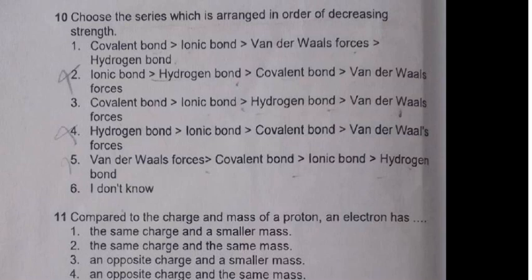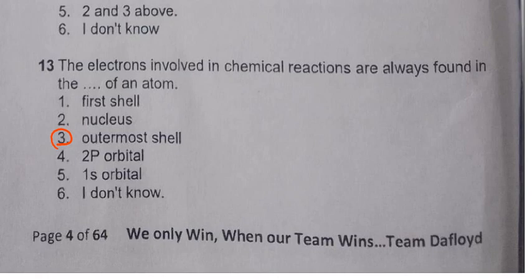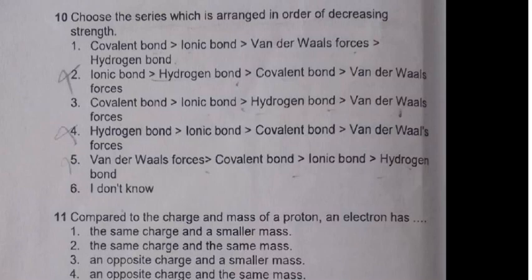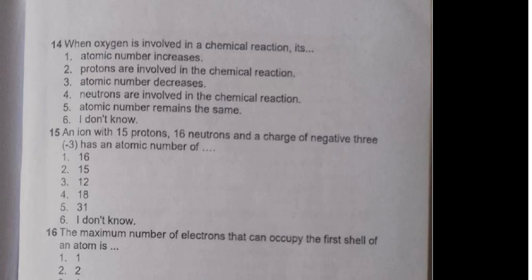So we solved this one. So we ended on question 13. So the next one should be question 14. Yeah, which is this one. So when oxygen is involved in a chemical reaction, its dash. Here it says an atomic number increases. So this is not true. Atomic number remains the same.